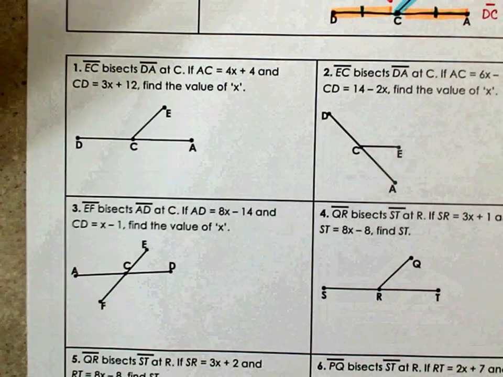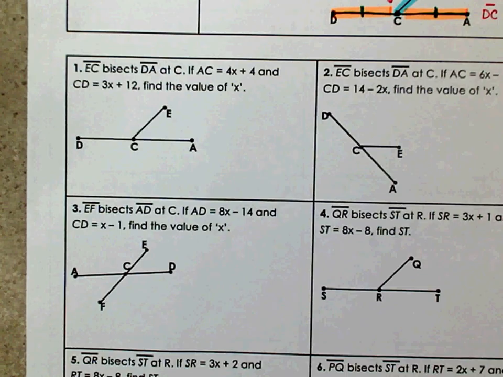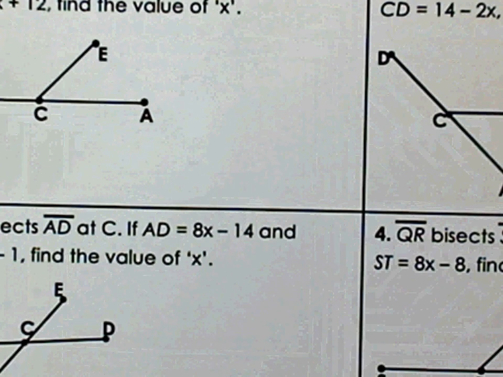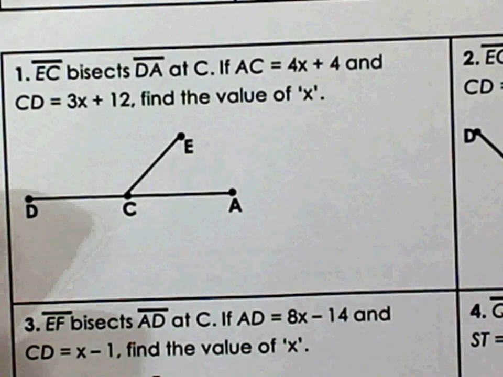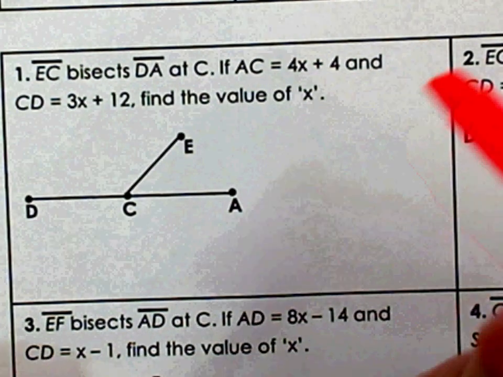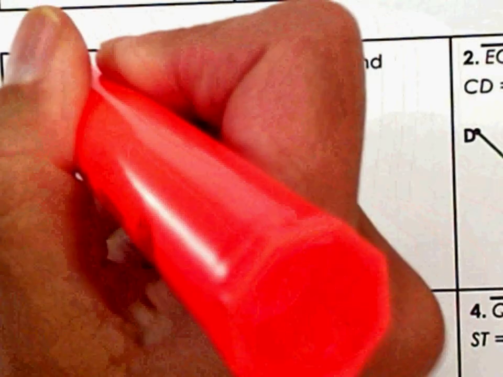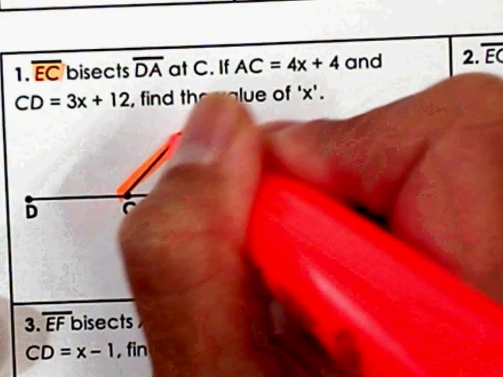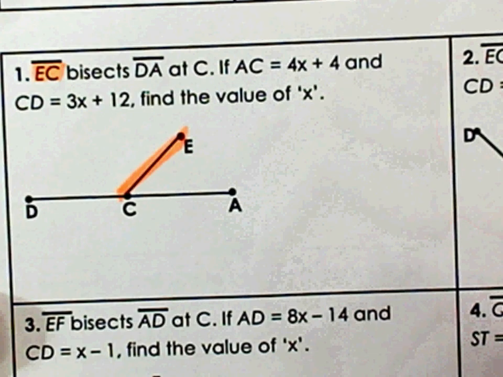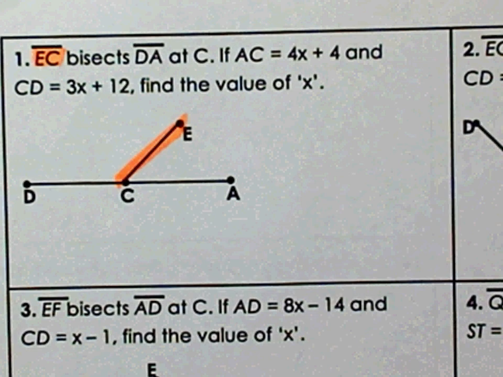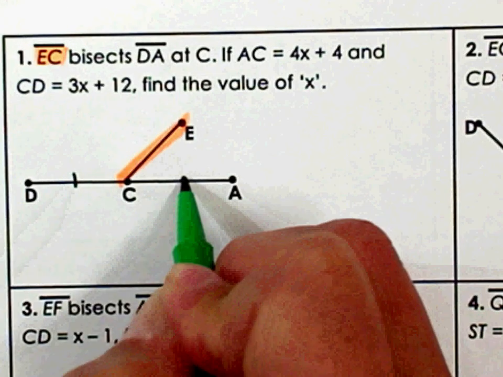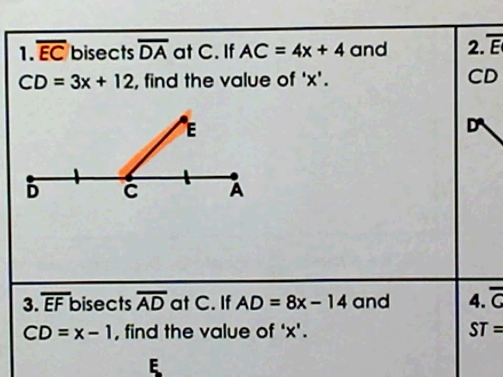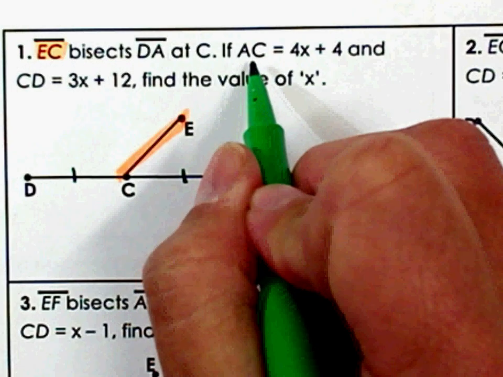All right, so let's take a look at example 1. Let me see if I can make it a little bit better for you. There we go. So you guys can see that example. Okay, let's look at example 1. What does it say? It says segment EC bisects DA at C. So I'm cutting these guys in half, okay?